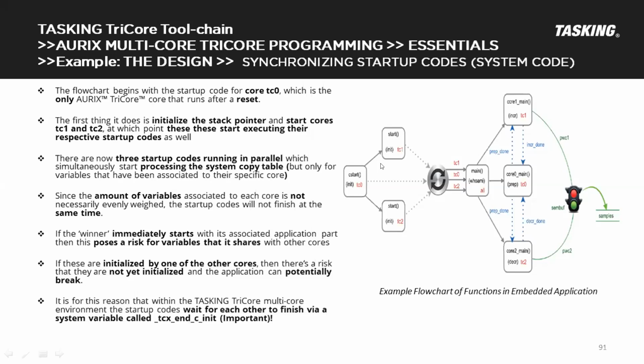You will find here as well with this red text which core the code belongs to. So this is core number 0, this is core number 1, this is core number 2, and this is code that's running on all cores. And this is TriCore 1, so that means core 1, and this is core 0 again, and this is core 2.